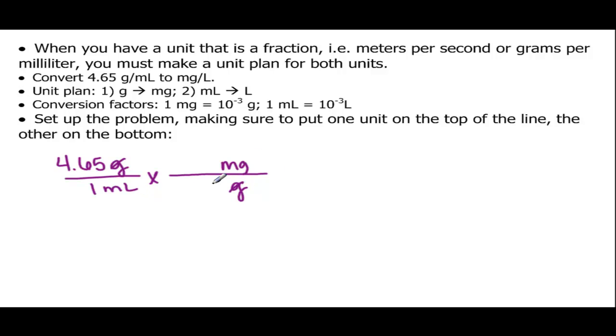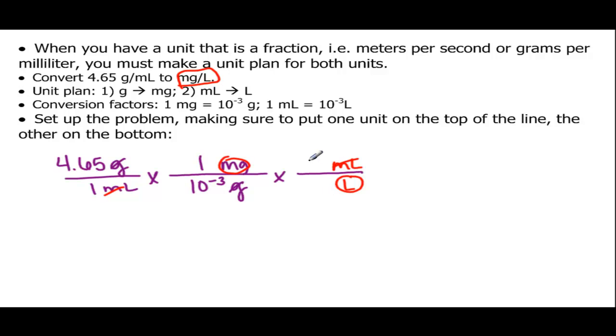All right, let's fill in our numbers then. We have 1 milligram is 10 to the minus 3 grams. Now, we don't want milligrams per milliliter, so we need to cancel milliliters. So the way we do that is we want to put milliliters on the top, and we're going to liters on the bottom. So if that cancels, we're left with milligrams over liters, which is what we do want in our problem.